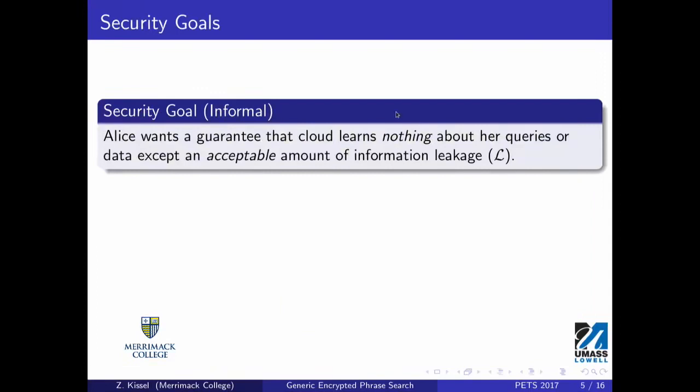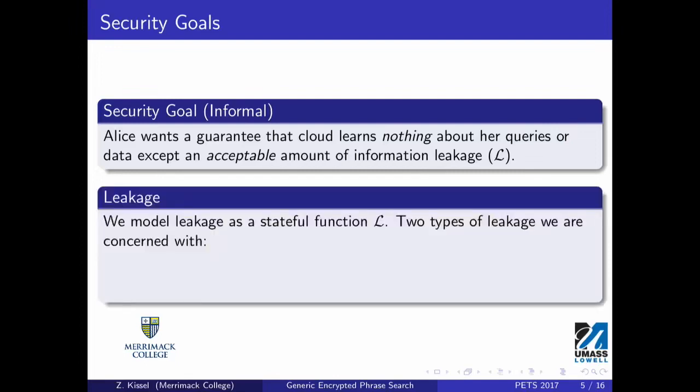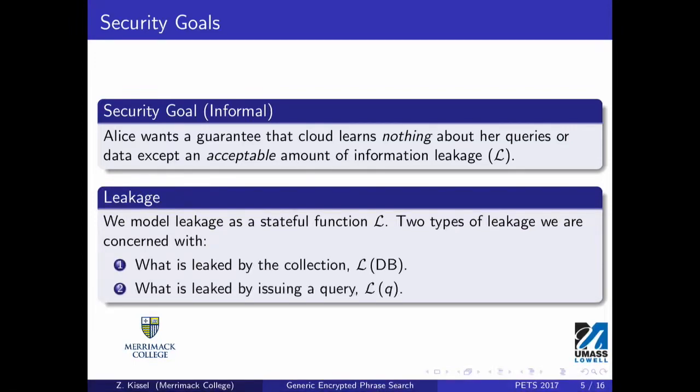The security goal of a system like this is you want to guarantee the cloud learns nothing about Alice's queries or data except some acceptable amount of leakage. So this is an absolute security. We'll model leakage as a stateful function, and we're concerned with two pieces. What's leaked by the existence of that collection on the cloud, and what's leaked by query processing.